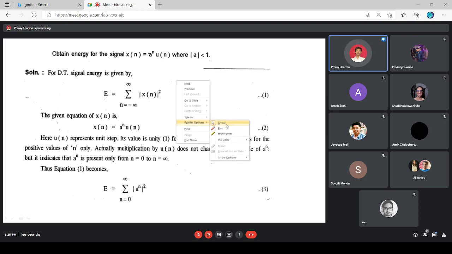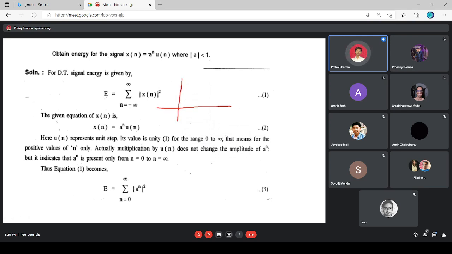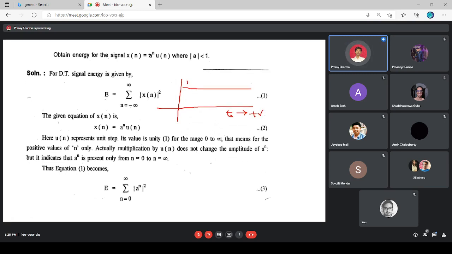So u[n] is basically a signal. We all know the definition of the unit step signal. The unit step signal is defined only for the positive values of n. So when t is greater than 0, the amplitude is 1. If t is less than 0, the amplitude is 0. This is the definition of the unit step signal.